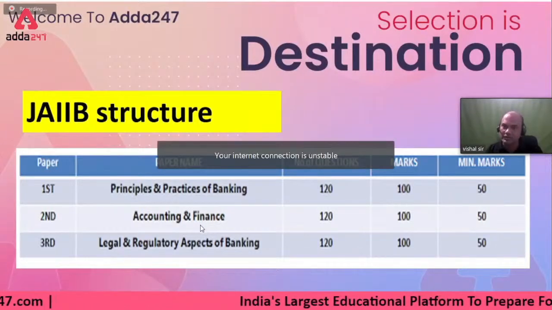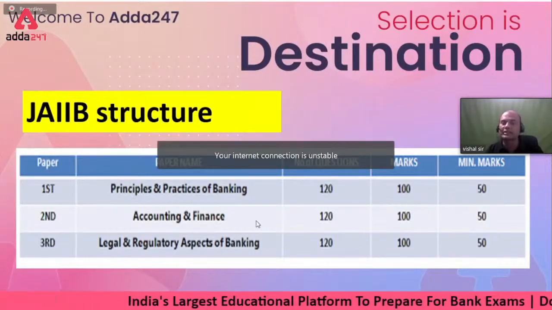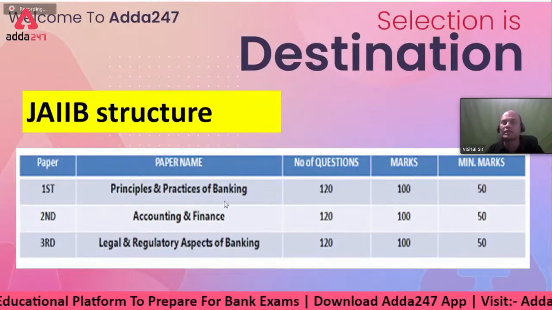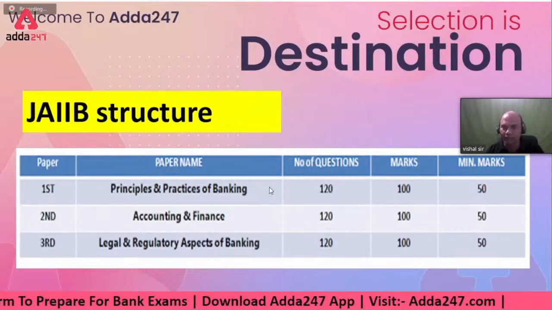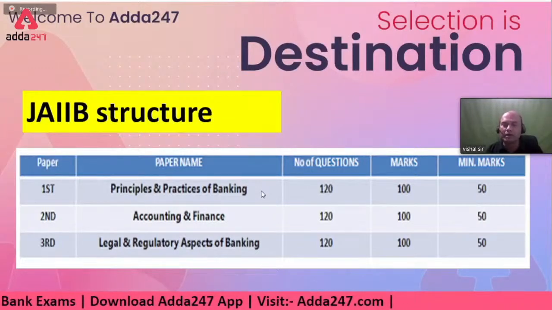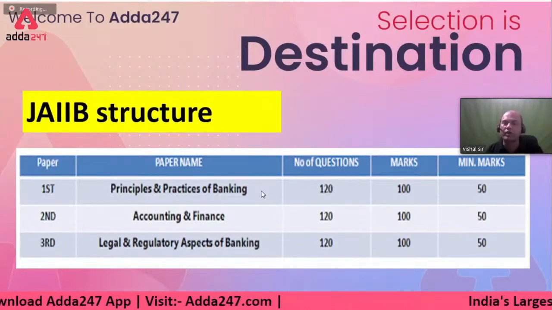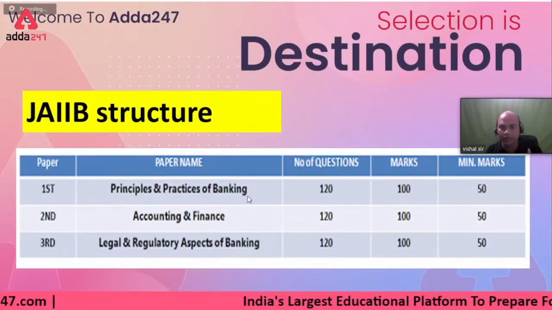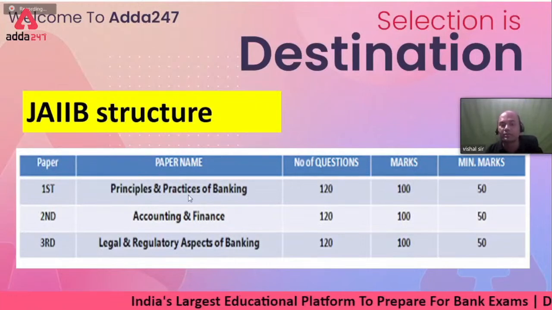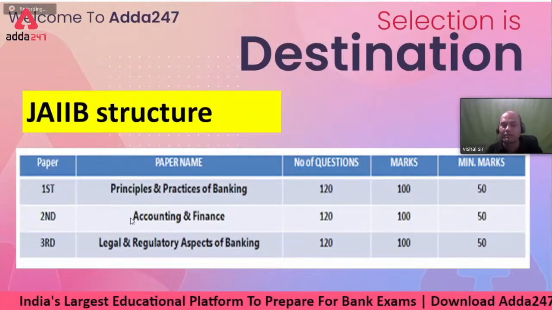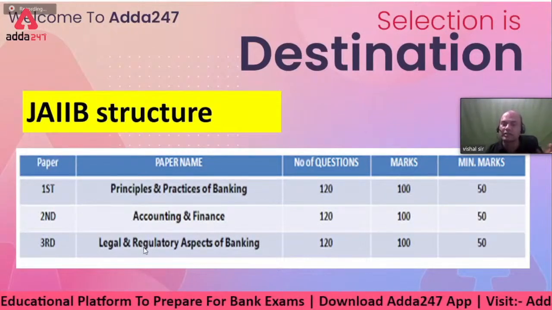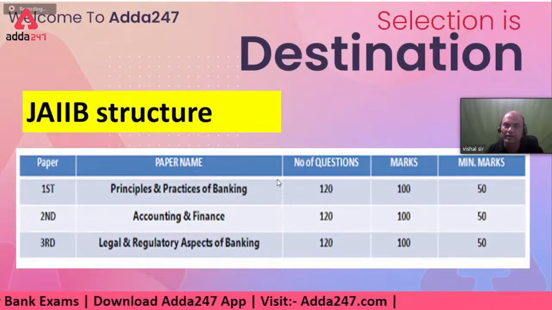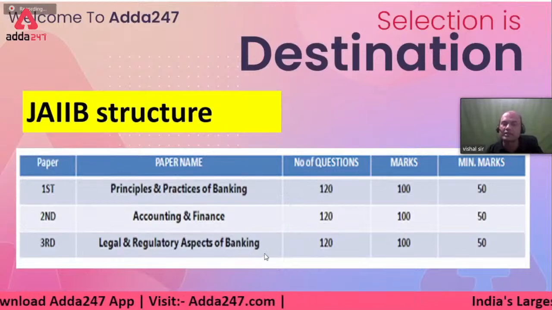But if in PPB I get 40 marks and accounts I get 60 marks, then I'm not passing. Okay, why? Because minimum marks are 45 for each subject. If you do it in a single attempt, this is very important. Otherwise, somebody will say, "I'll give PPB this time, then next accounts, and then next time legal." Then this 45 rule is not applicable. It is applicable when you give all the three in a single attempt.